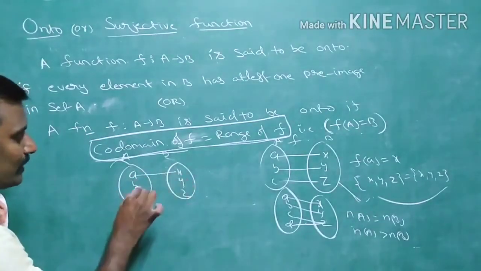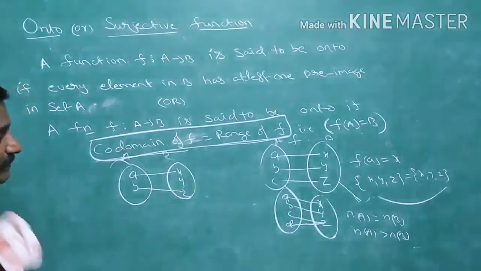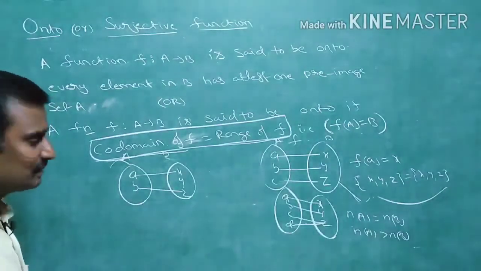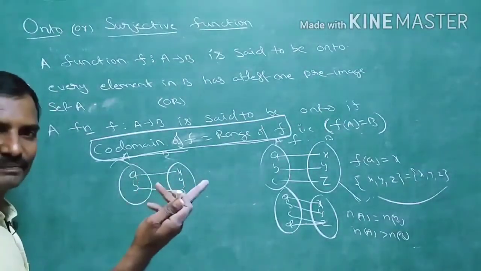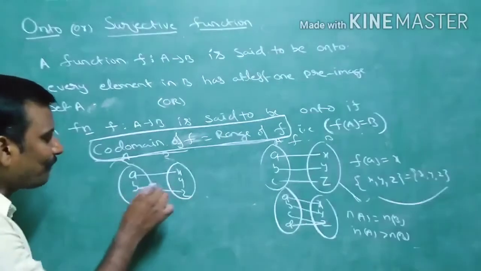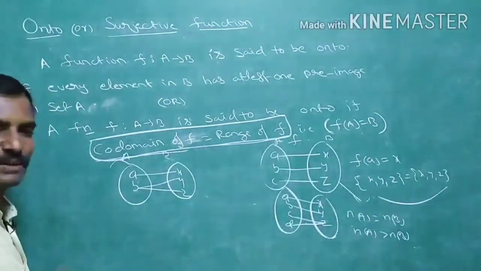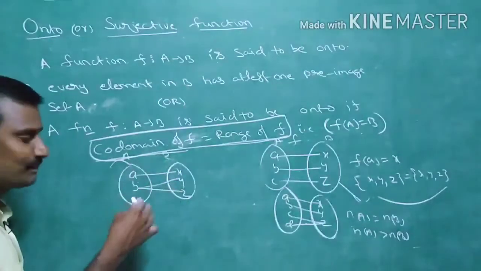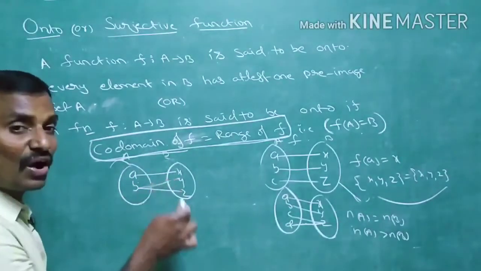X is mapped to y, b is mapped to z. Is it onto function? Yeah, y has no pre-image. If you map like this, first of all it is not function because b has two images. So it is not onto function.